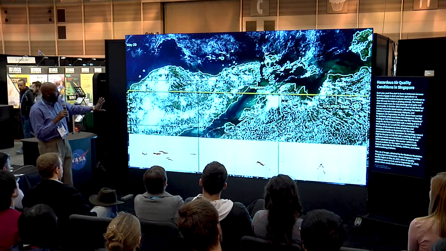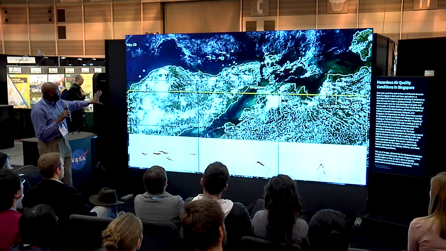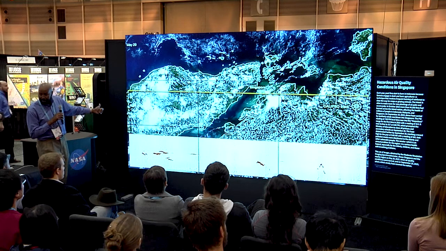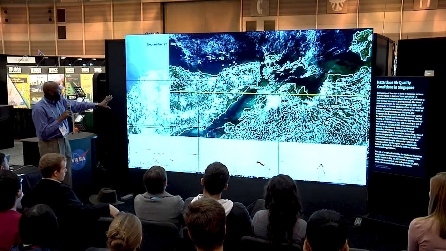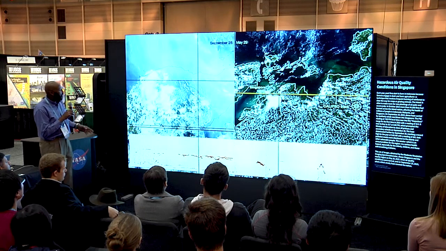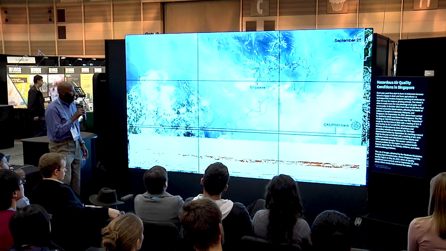We're comparing this period with May. During May 29th, it was very clean. And when you look at September 25th, there was a large incident of smoke pollution that was advected over Singapore.